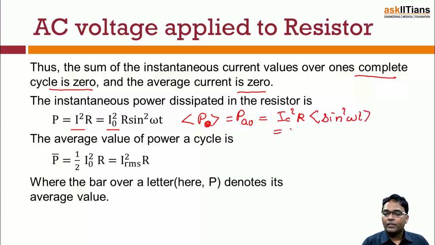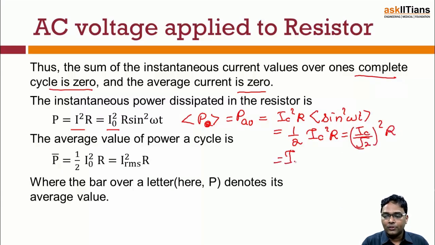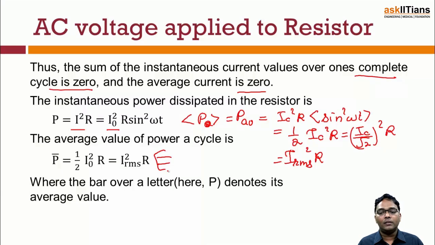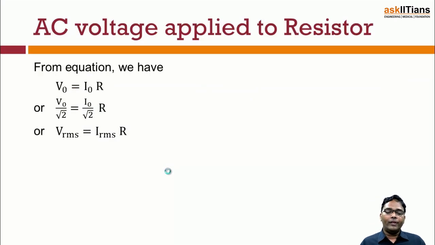Sine square omega t average is nothing but half, so you'll get half I naught square into R. This can also be given by I naught divided by square root 2 whole square into R. As a result, this gives you I RMS square into R. So P bar is nothing but the average value of the power.